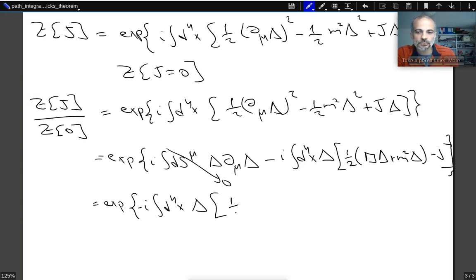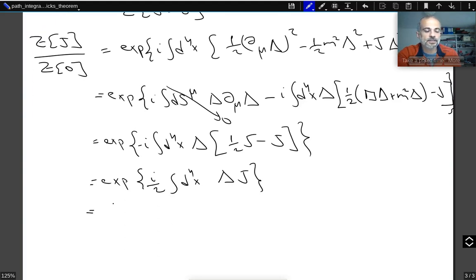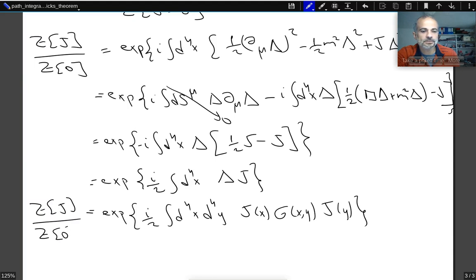So here we have 1 over 2 J minus J. So this is equal to the exponent of i over 2 d4x delta times J. Now we know what delta is. I can also rewrite this as exponent i over 2 d4x d4y J of x G of x y J of y. This is my Z of J divided by Z of 0.